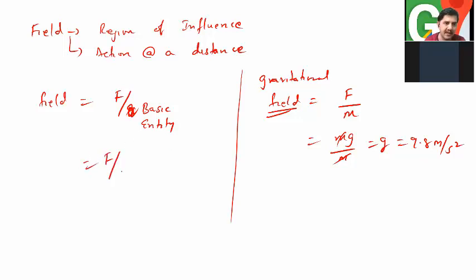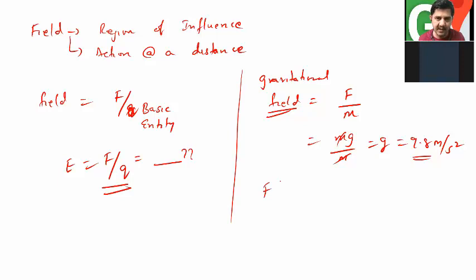And here the basic entity is charge, so I can now write this as F divided by Q. So the electrostatic field E is equal to F by Q. This is the way you define it. So whatever you have learned in gravitation, the same things occur even in electrostatics. There is no difference between these two. You will not be able to state a fixed value like this here, because this value will be different based on the type of charge, the amount of charge, and the type of force acting between two objects.